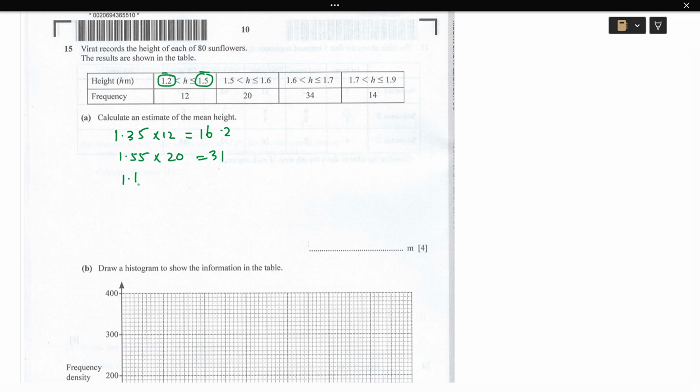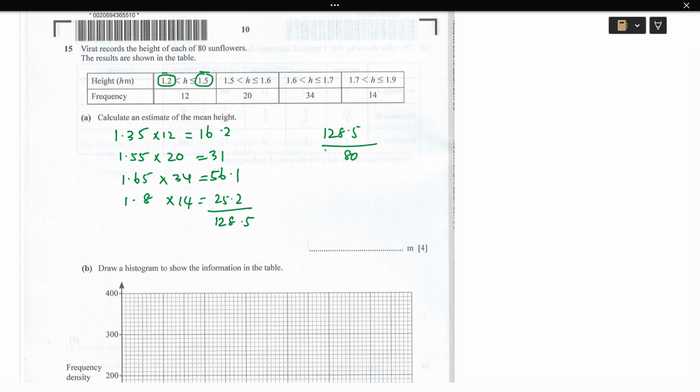Next, 1.65 times 34 equal to 56.1. Next, 1.8 times 14 equal to 25.2. When we add up all, we'll get 128.5. So for the final answer, we divide 128.5 by the total frequency, which is 80.